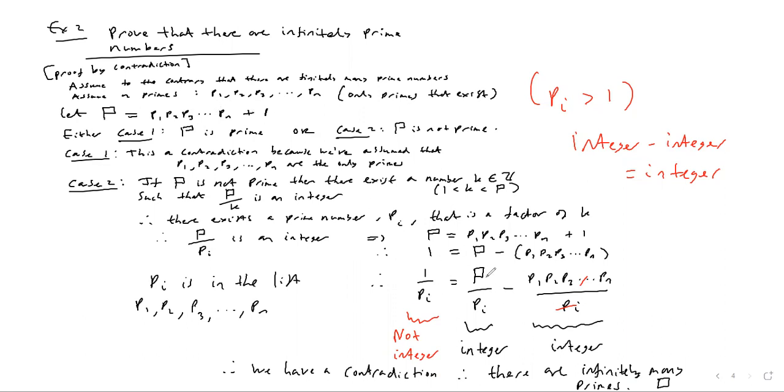When we do the maths, we get an integer on the right hand side of that equation but not an integer on the left hand side. There's no way that a fraction could be equal to a whole number. So we get a contradiction. That's how you'd prove that there are infinitely many prime numbers.